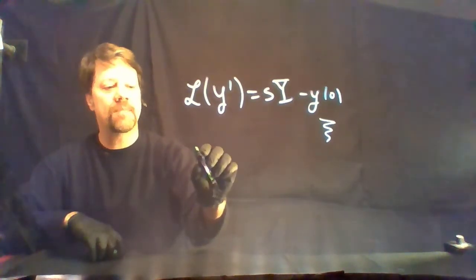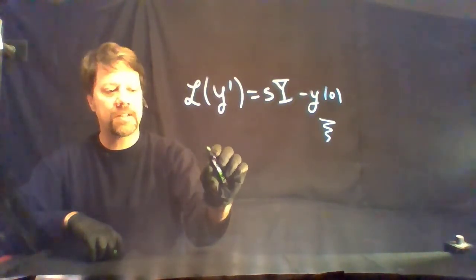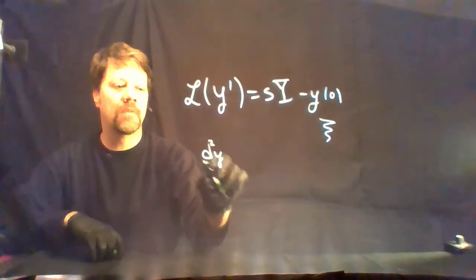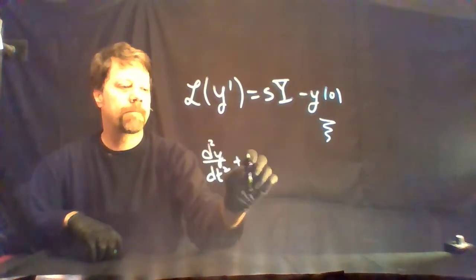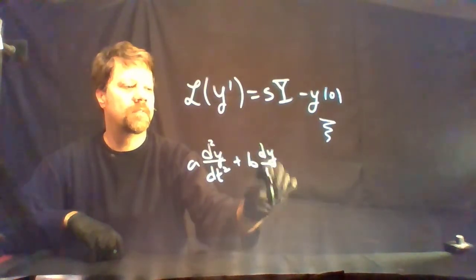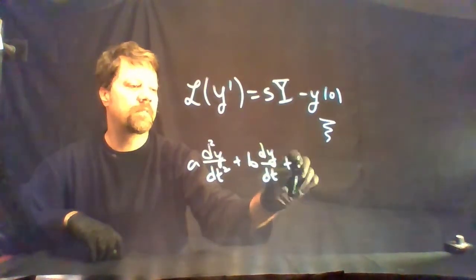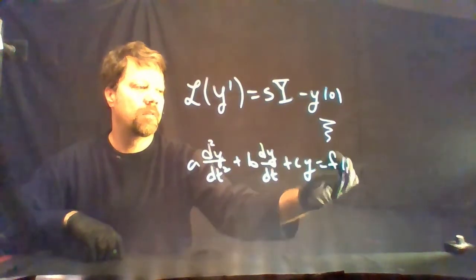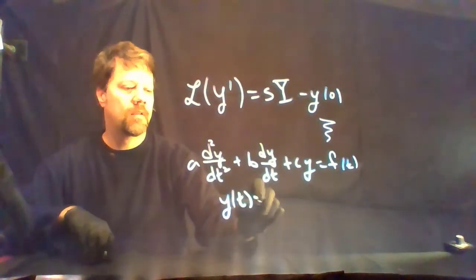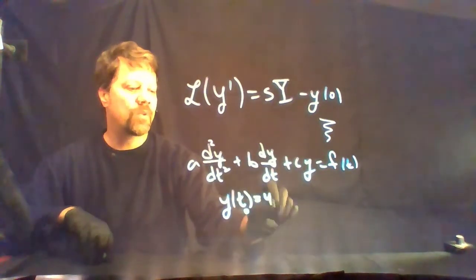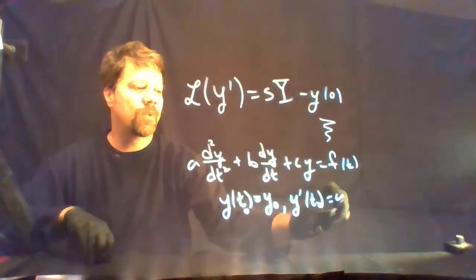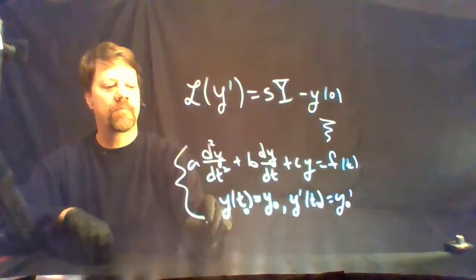If I make a substitution, let's suppose that I'm solving some kind of an initial value problem of this form, y of t naught equals y naught, y prime of t naught equals y naught prime.